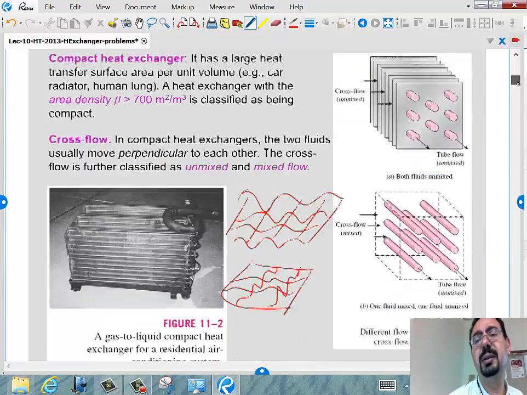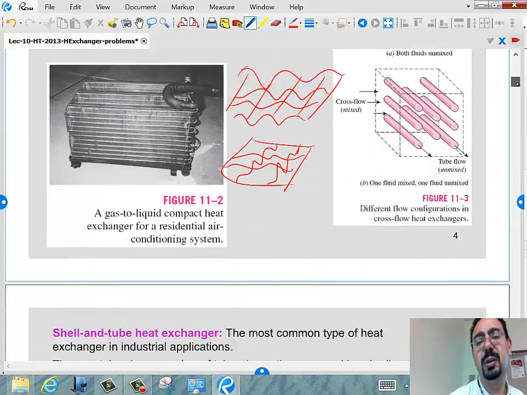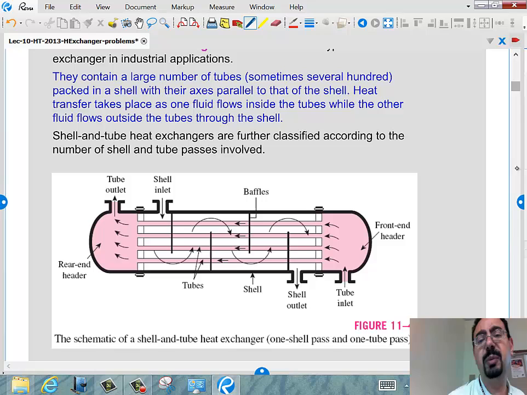Let me show you. Usually something like this. One fluid is going through the tubes while the other fluid is going through the shell. They call it a shell and tube structure. So it's not pure counterflow, but you can see they are trying to make it counterflow.